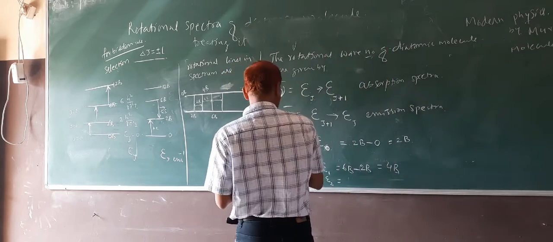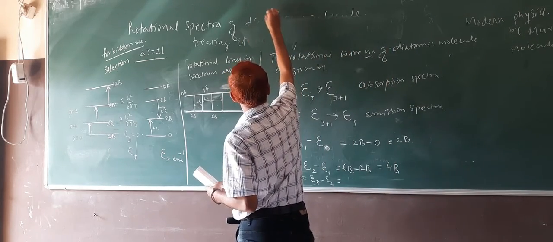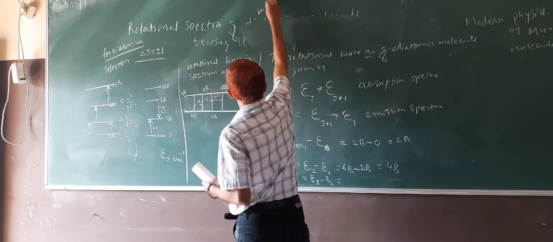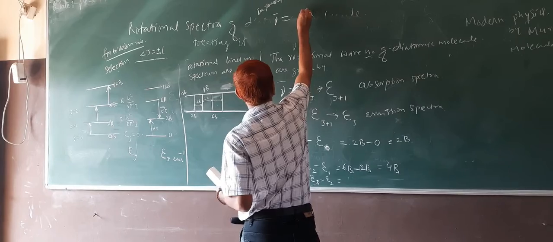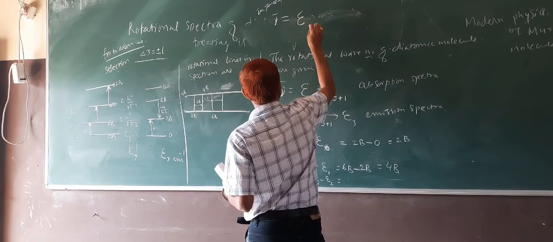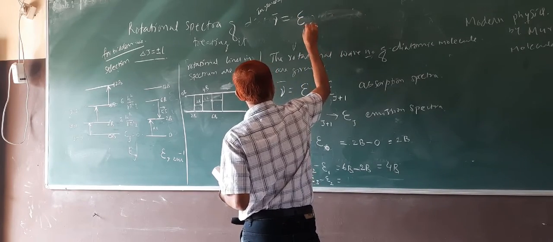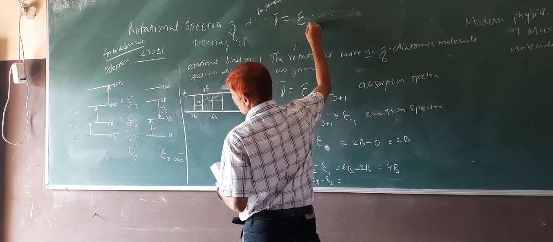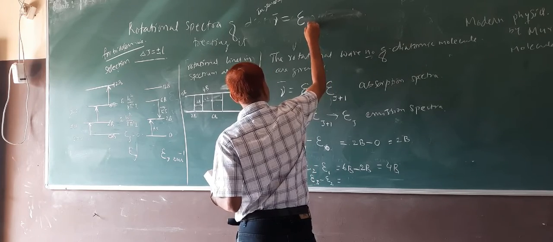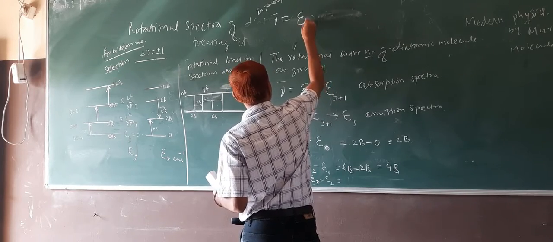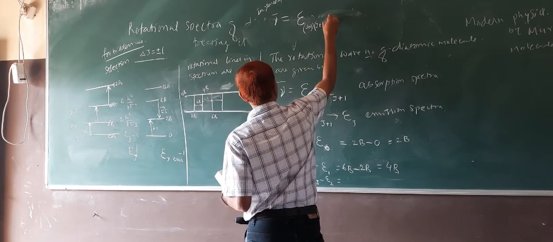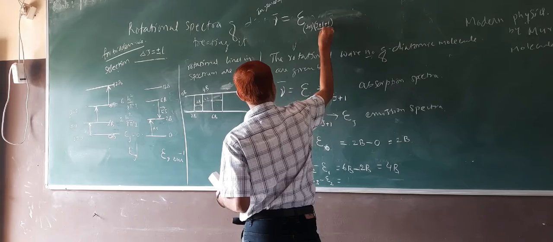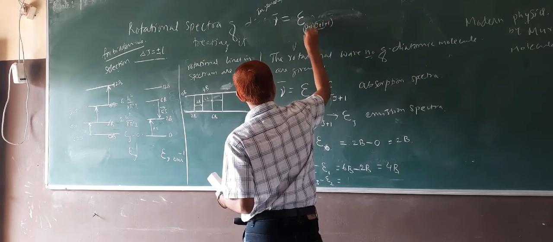In general, if you take u bar, it is because of the change in energy. Instead of J, I will write one step ahead, J plus 1 into J plus 1 plus 1, because this is higher. This is J.